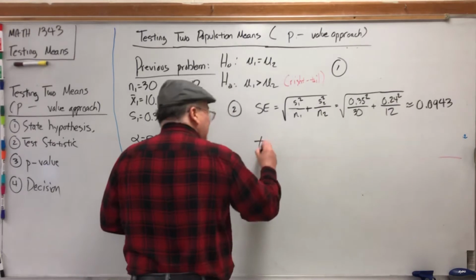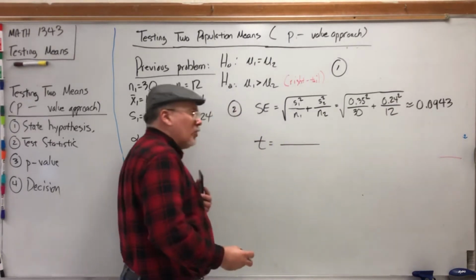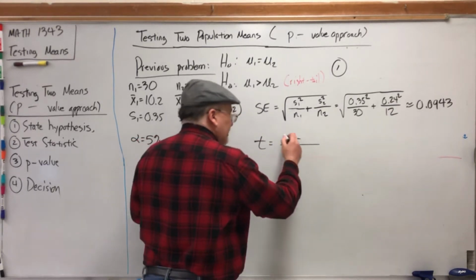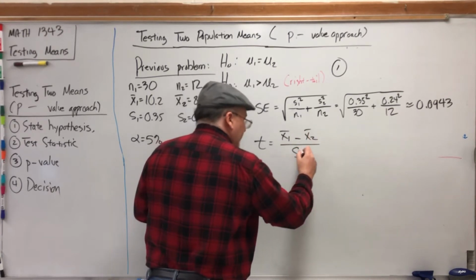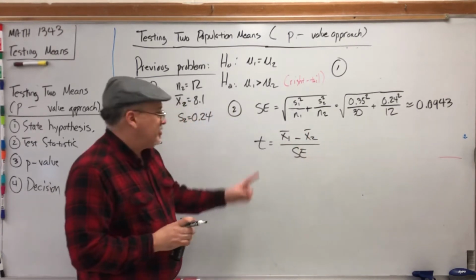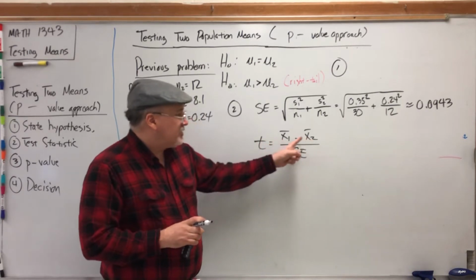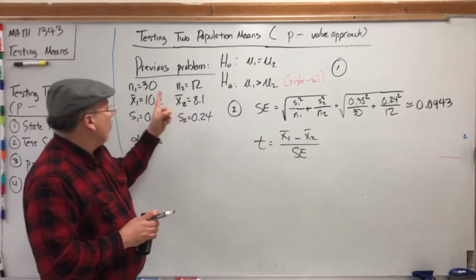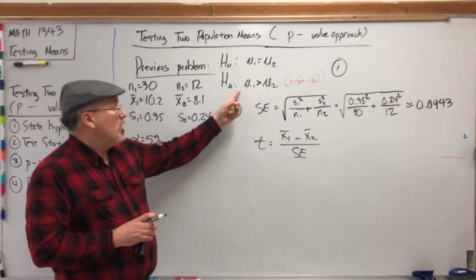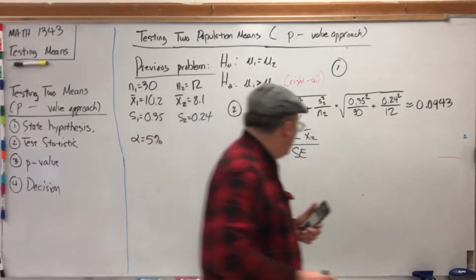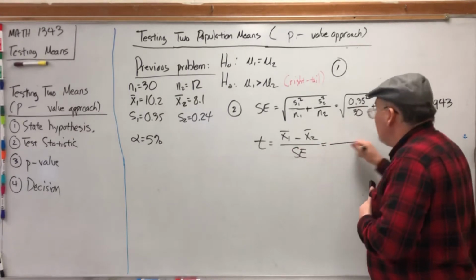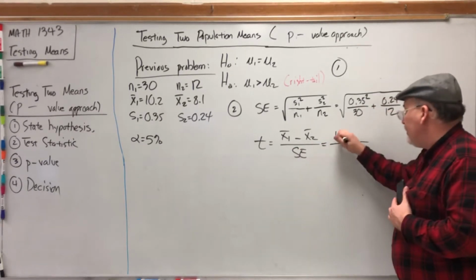And for our test statistic, the formula was the difference in the sample means, x bar 1 minus x bar 2, over the standard error, with emphasis that the order of these subscripts needs to match the order of these subscripts. Otherwise, you'll have the wrong tail and everything will go crazy. Our first sample mean was 10.2.